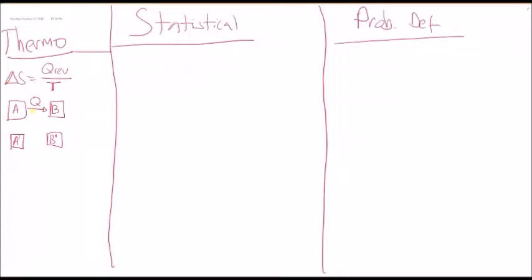Reversible heat transfer just means that you can account for all the heat that transfers from system A to B. In real life, some heat would be lost to the surroundings. And if some heat is lost to the surroundings, the entropy calculation you get from this definition will be incorrect. So when you apply the thermodynamic definition of entropy, the heat transfer, or Q, must be reversible.